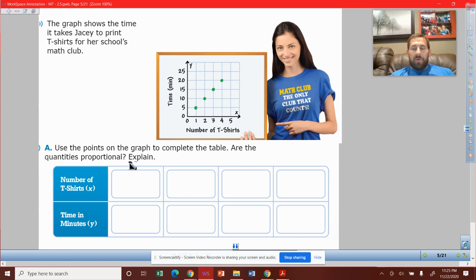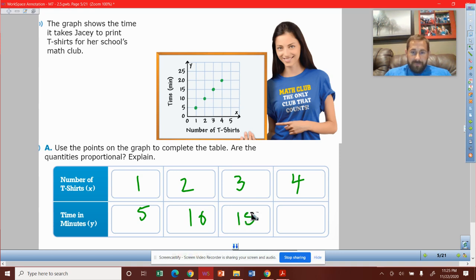Are the quantities proportional? So we did this in our review, but what makes something proportional? So here, number of shirts, 5 minutes. 2, 3, 4. I kind of said these, wish I just wrote them when I was saying them. I can go 5, and then you would assume it's 25.